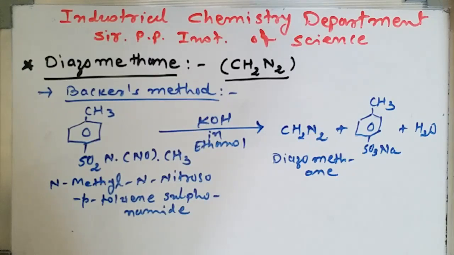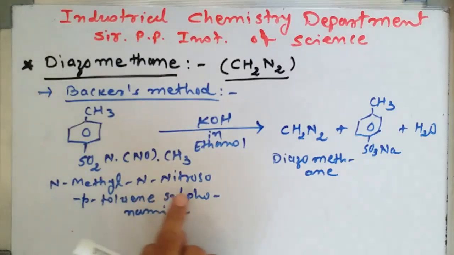This product, treated with nitrous acid HNO2, gives N-methyl N-nitroso paratoluene sulfonamide. After this, it is distilled with ethanolic potassium hydroxide, which gives diazomethane. This is the second method.